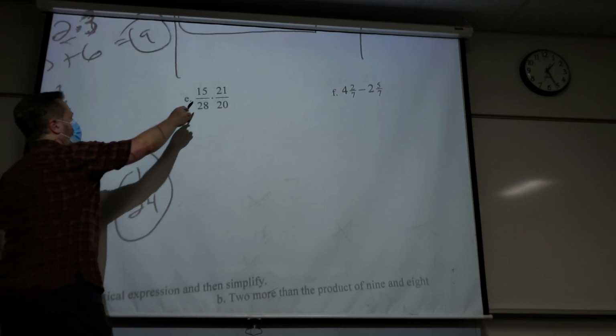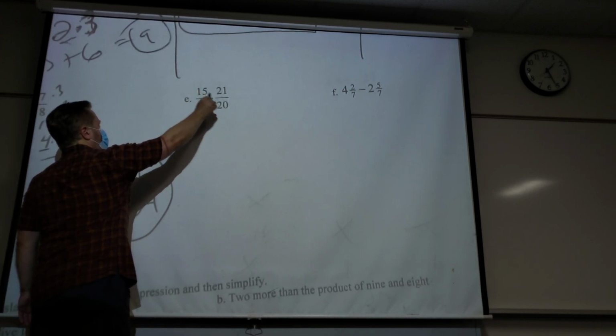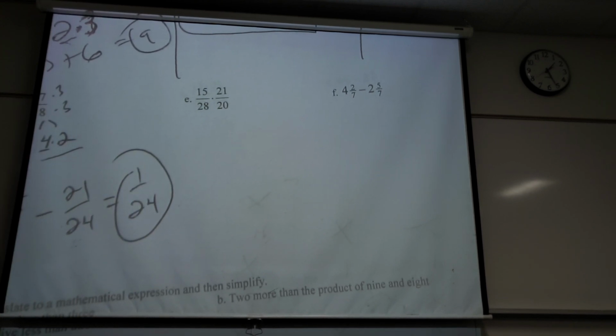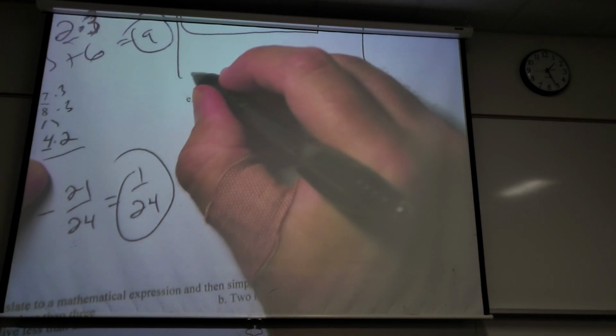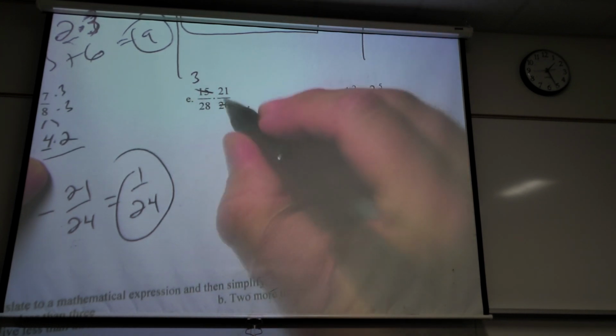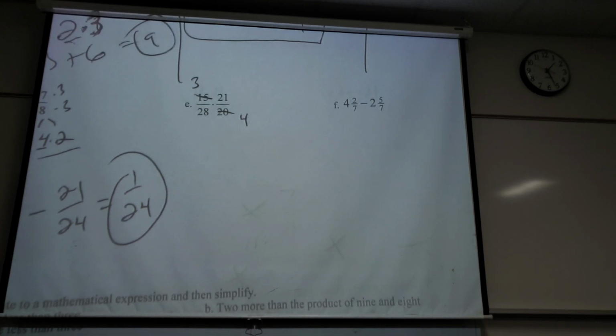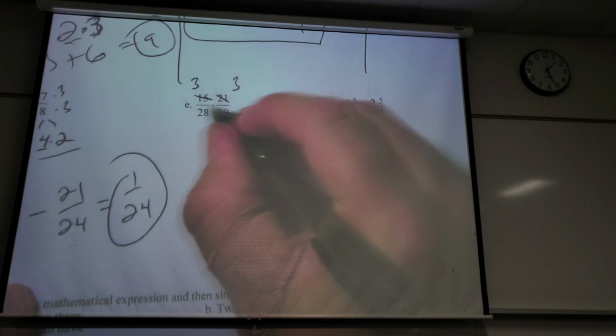So, for example, I can't reduce up and down, but does anything go into both of these? 5. What about this way? 7, and of course, remember, 28 minus 21 is 7. 7 goes into both. 7 goes into both of those, and you get 3, 4.